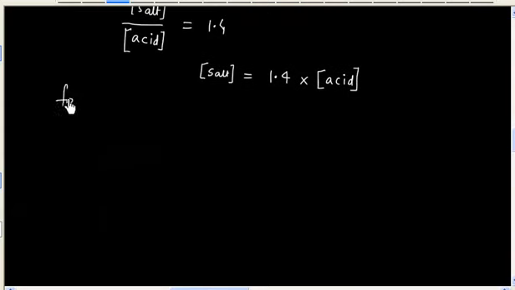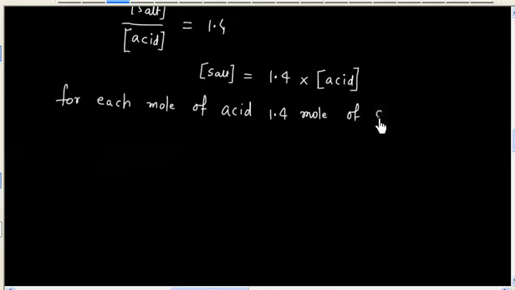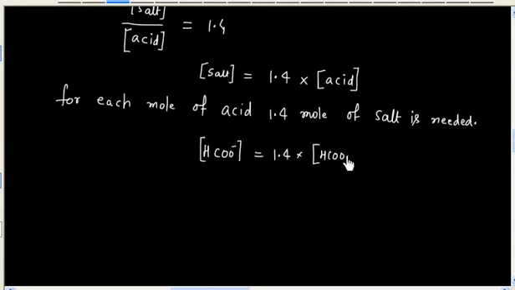So we can say for each mole of acid, 1.4 mole of salt is needed. Salt is formate ion and acid is formic acid.